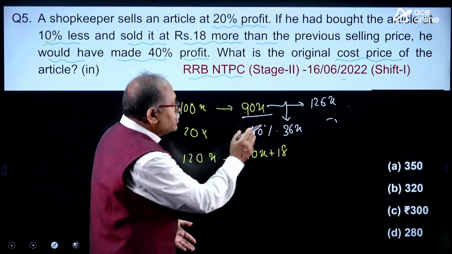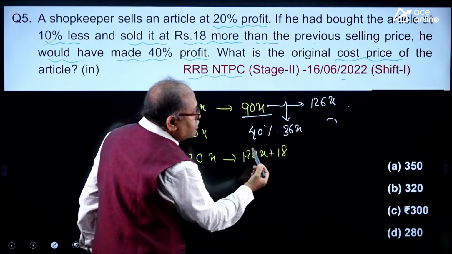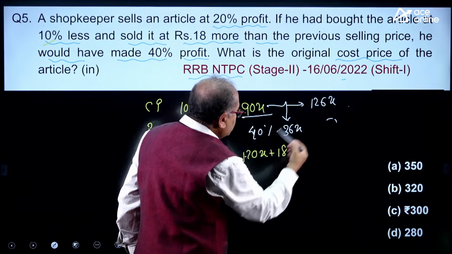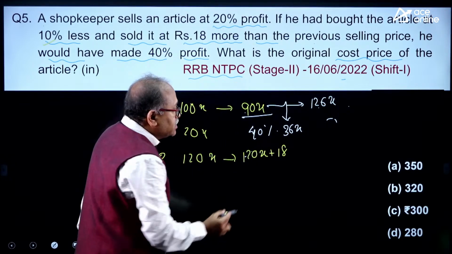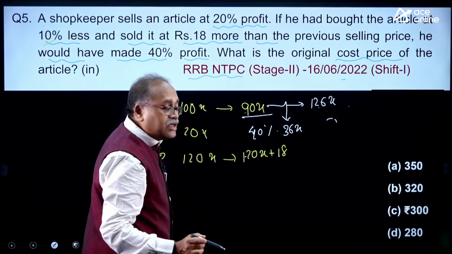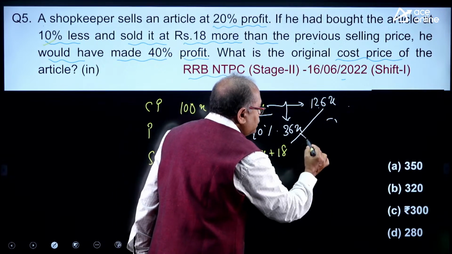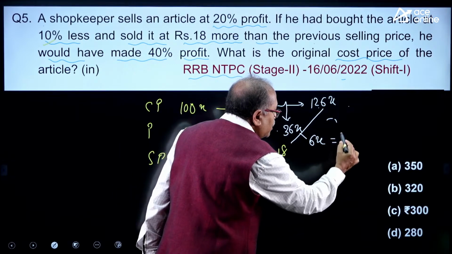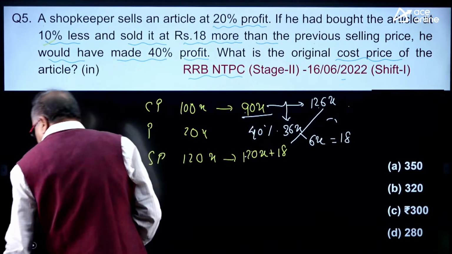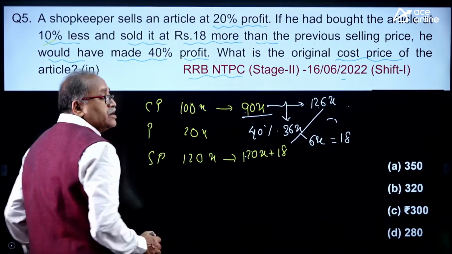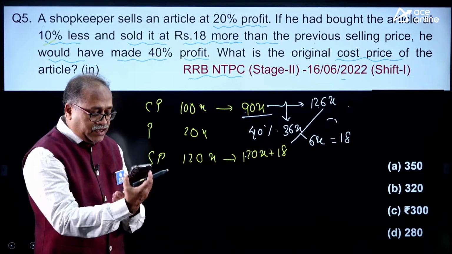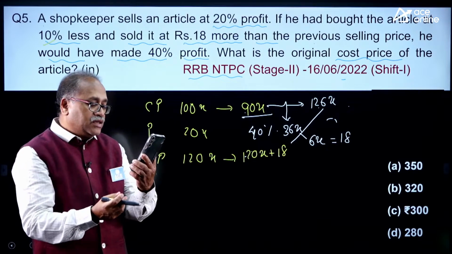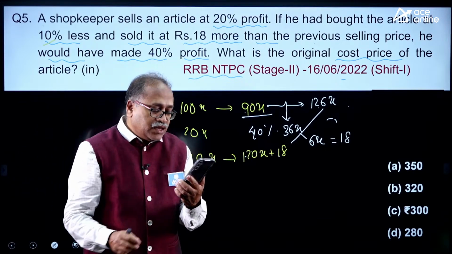What is the difference here? From here to here, the difference is 6x, and the value difference is 18. So, 6x is equal to 18, and you get the x value. Once you get the x value, you get the old selling price, that is 100x. Anyone answering the question? Option choice D.